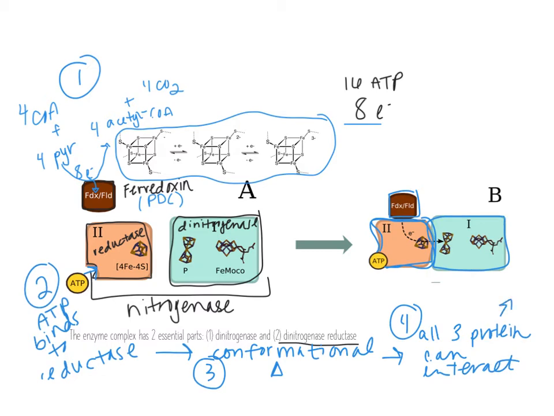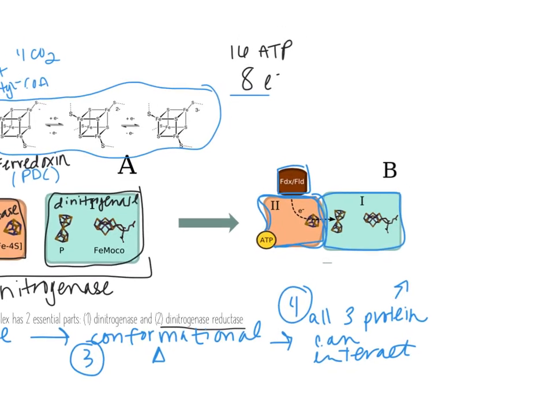And then what's also shown here in step 5 is that electrons pass from ferredoxin, I'll just do FDX, to the reductase.